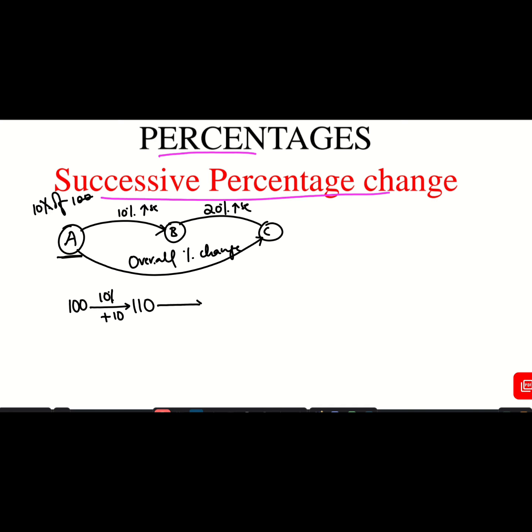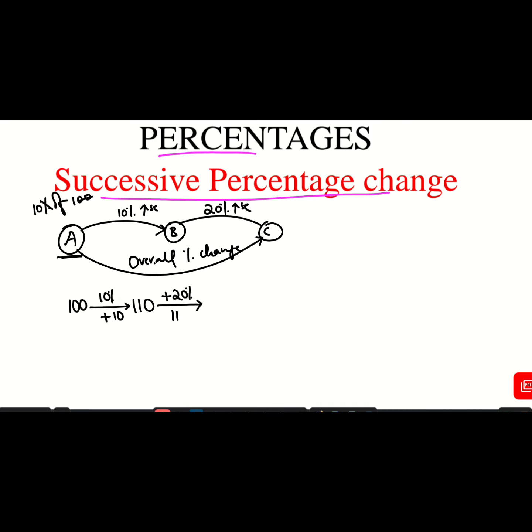On that 110, again 20 percentage is increase. What is the 20% of 110? The zeros are cancelled, out of 20 and 110, 10 will be cancelled.